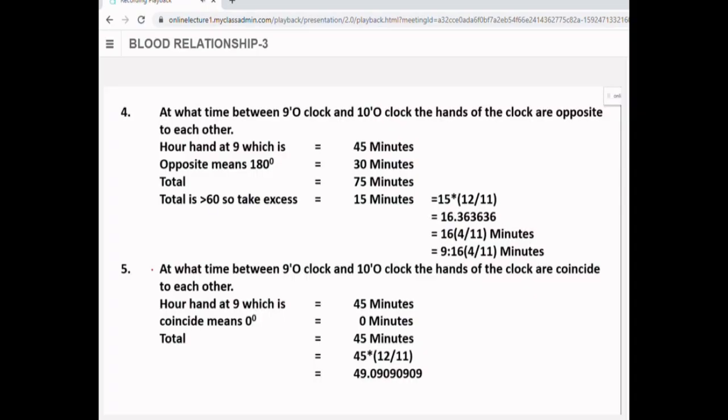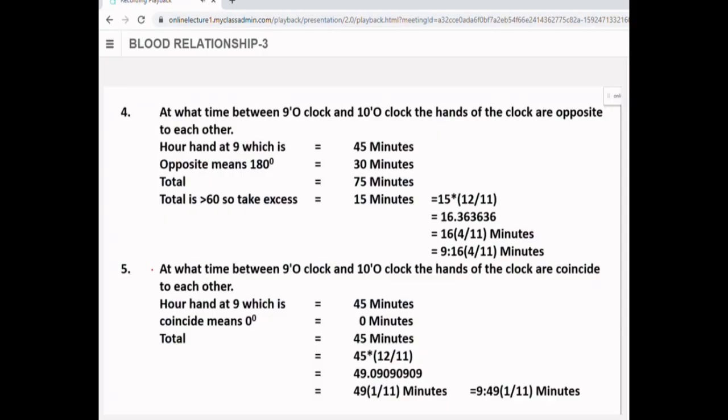So it is 49 point what? What is repeating is 09, so 1 upon 11. And final answer is 9 hours, 49 and 1 upon 11 minutes.